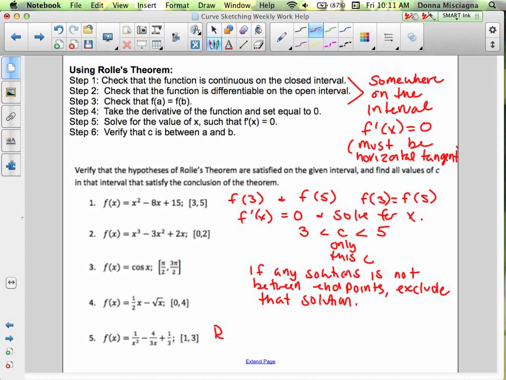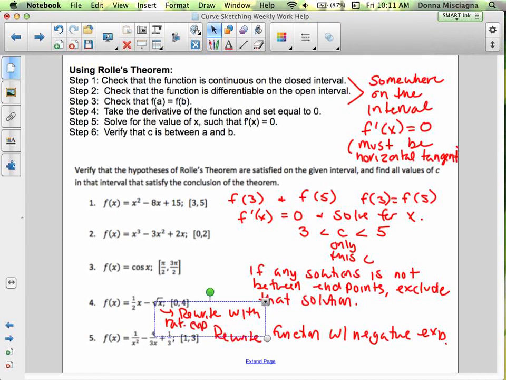So just make sure you rewrite the function with negative exponents so that you can use the power rule. And then here, you got to rewrite that with a rational exponent. But other than that, these are all power rules all the way through.